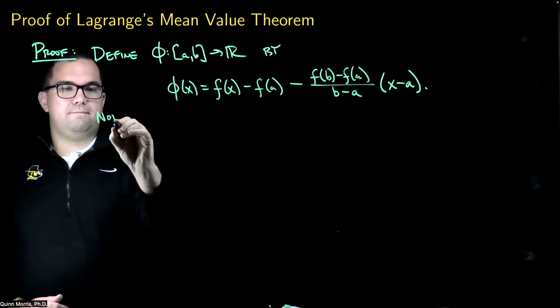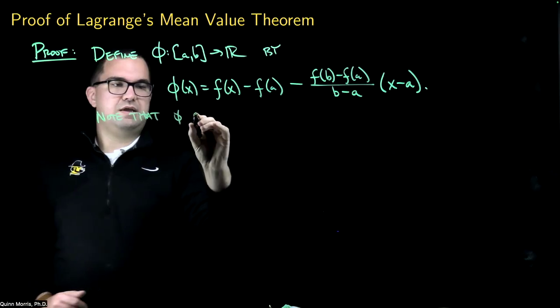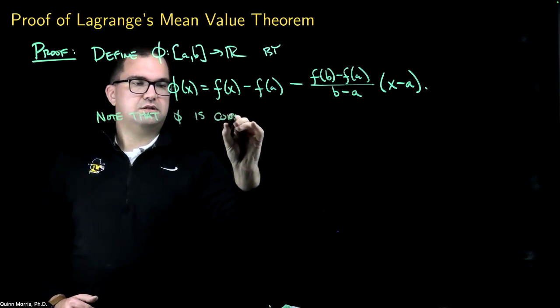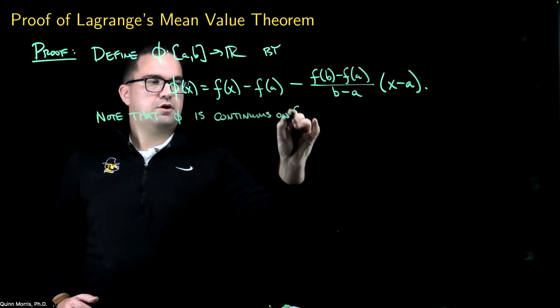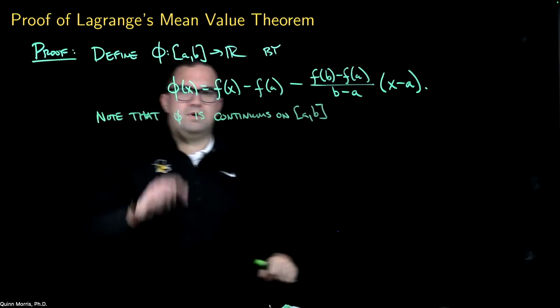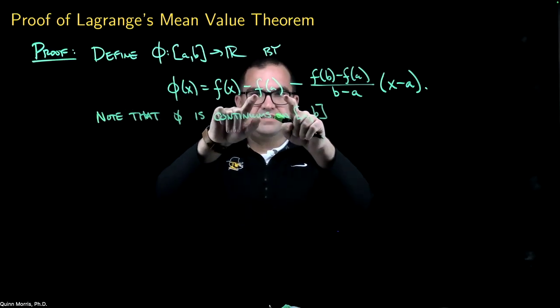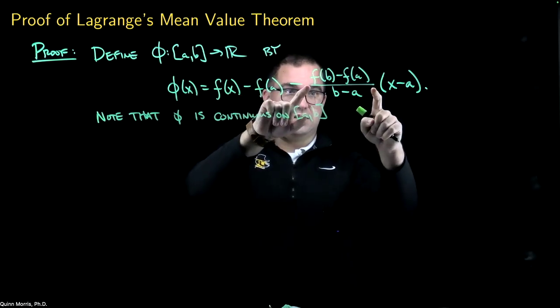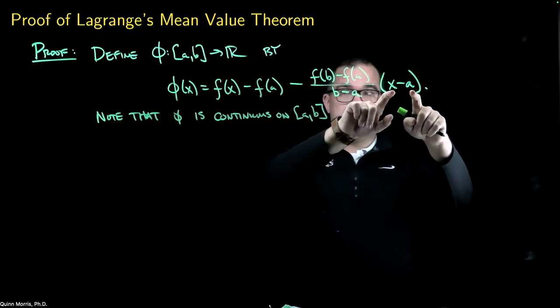So note that the function phi is continuous on the closed interval [a, b]. Why is that? Well, what is phi? It's made up of f, a constant, and an x minus a constant.